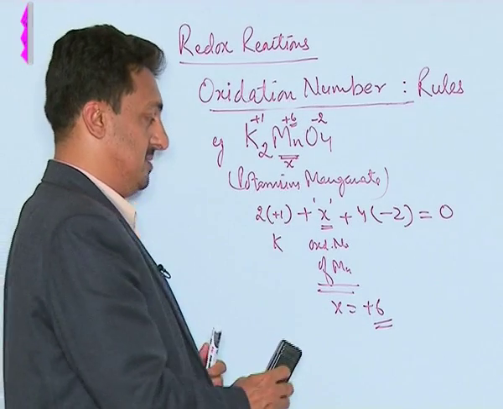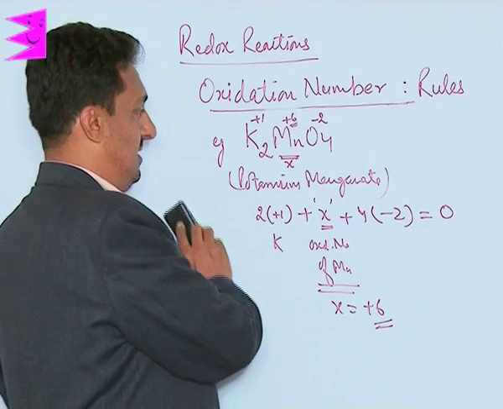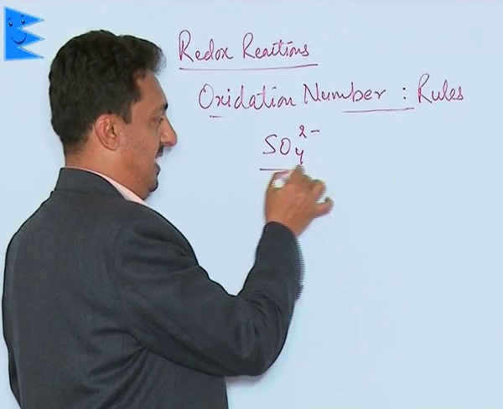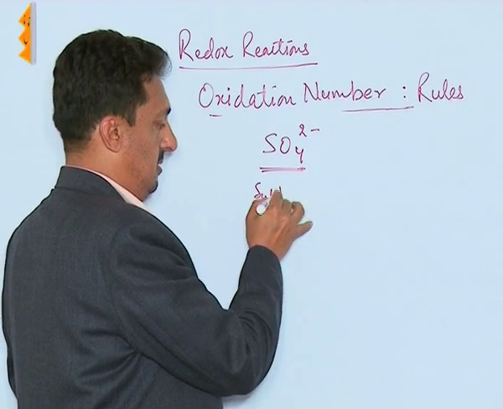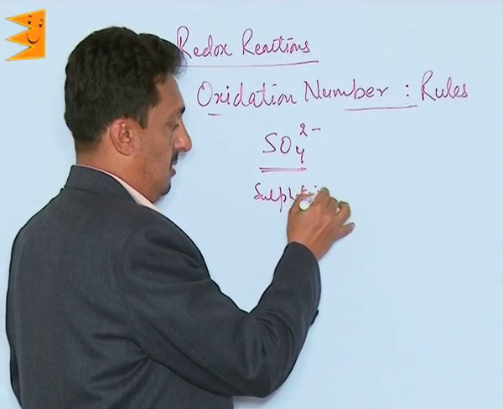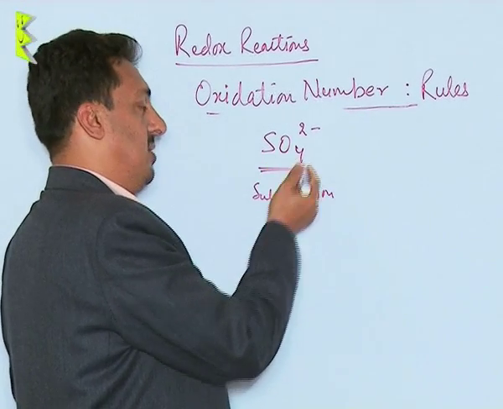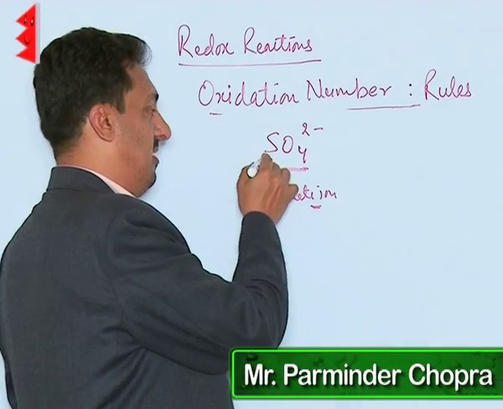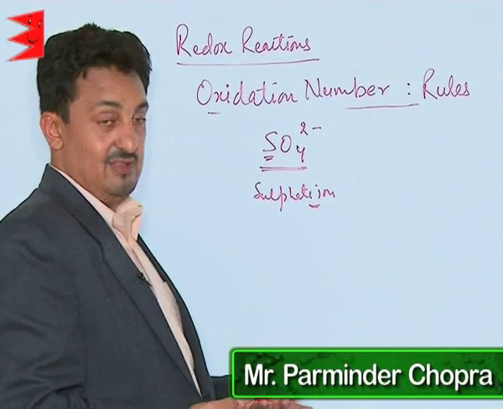Let us take some more examples. I hope it is very clear to you from this example. Let us take the example of a very simple sulfate ion. In this, oxygen as usual will be in its -2 state. We do not know how many electrons the sulfur has lost.